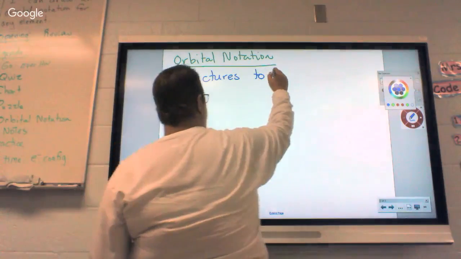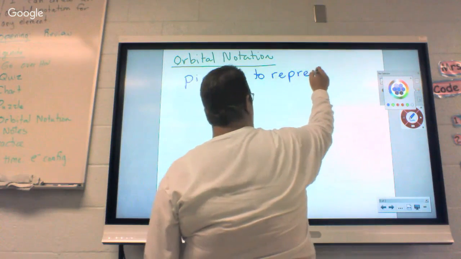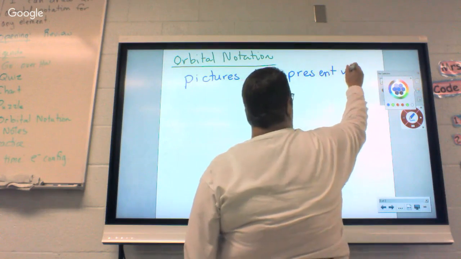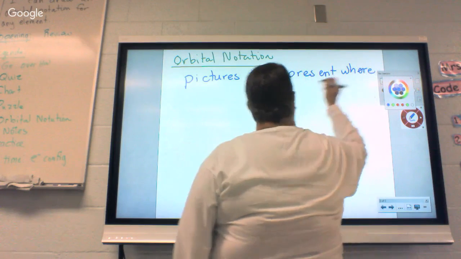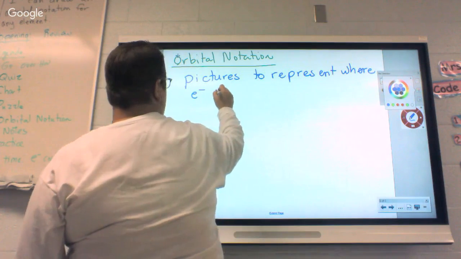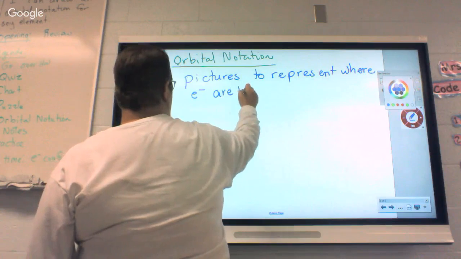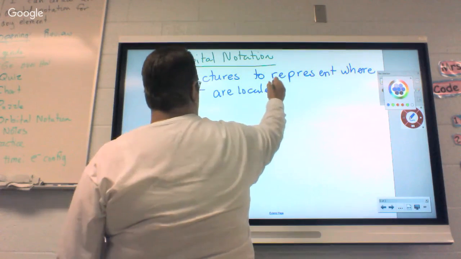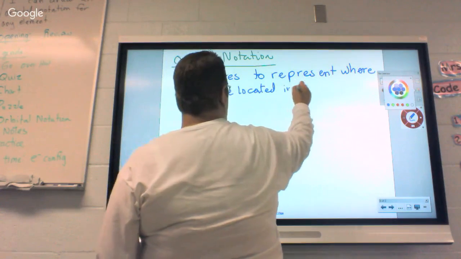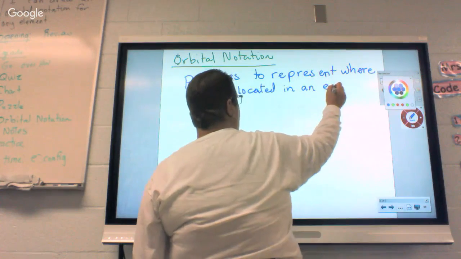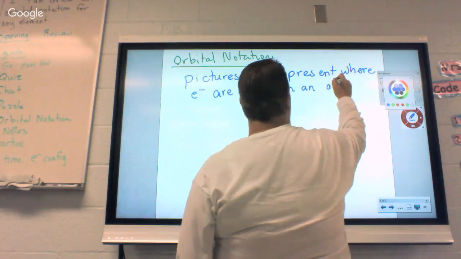All right, so orbital notations are just pictures to represent where electrons are located in an atom.